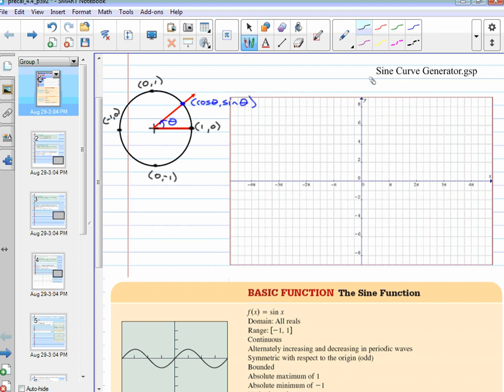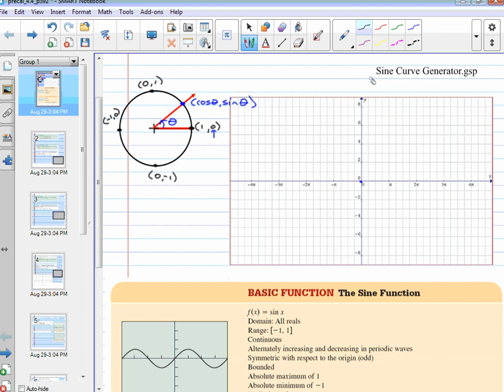So let's think about that. If the y value is the value of sine, then if I start at 0 degrees or 0 radians, the value of sine is 0. And so if I come over here on this graph, if this is my angle, and you notice it's 0, pi, 2 pi, so I've done it in radians down here.